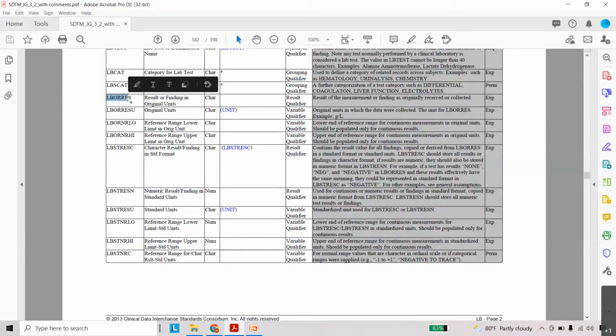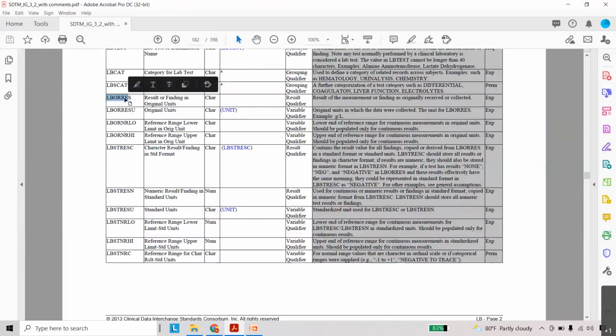Standard is nothing but this: every center, wherever they do analysis, will try to convert these results into one standardized result to maintain the consistency of a particular test.